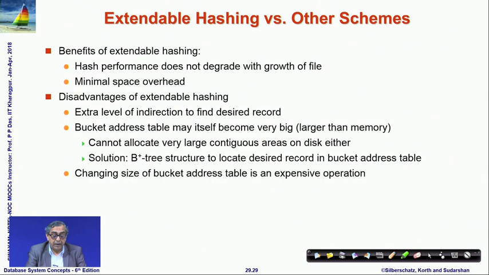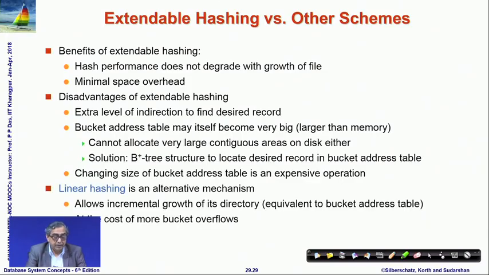So, it could be larger than memory, if that so much of contiguous allocation may not be possible. So, you will need to have possibly another B plus tree structure to locate the desired record in the bucket address table first, and then changing the bucket address table will become quite an expensive operation. So, the growth will become expensive. So, there are several disadvantages that this scheme has.